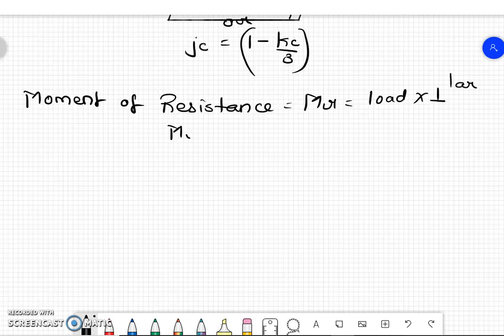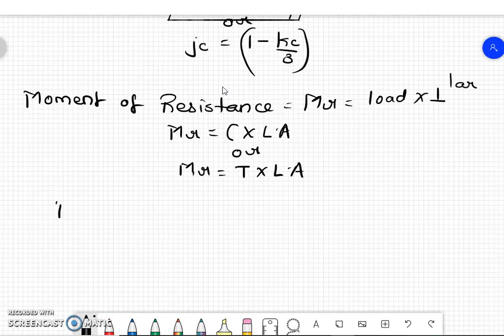So here Mr will be equal to, we can write two equations for this, either compressive force multiplied by the lever arm, or we can write Mr equal to the tensile force into the lever arm, where lever arm is equal to A, right?